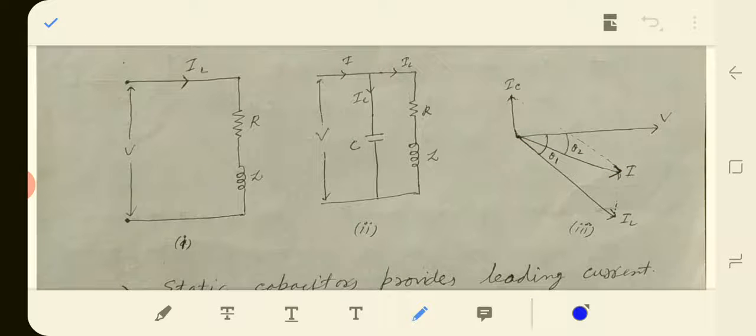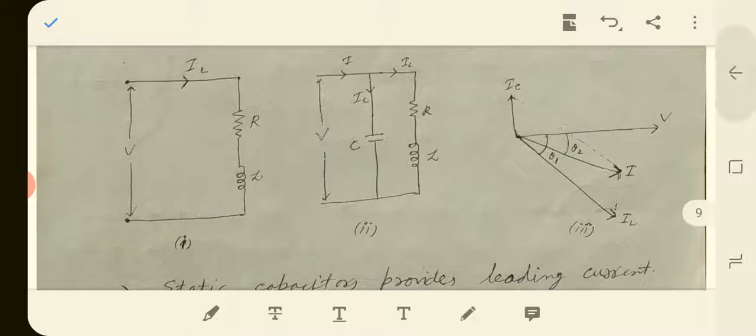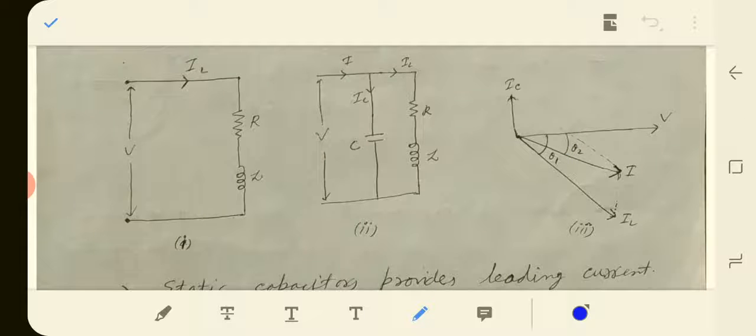Now we can see that the angle between the voltage and the final net current I becomes phi 2.